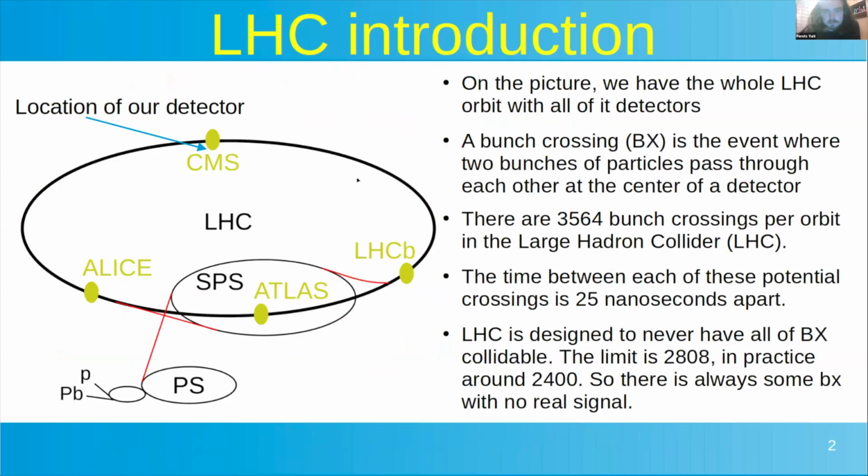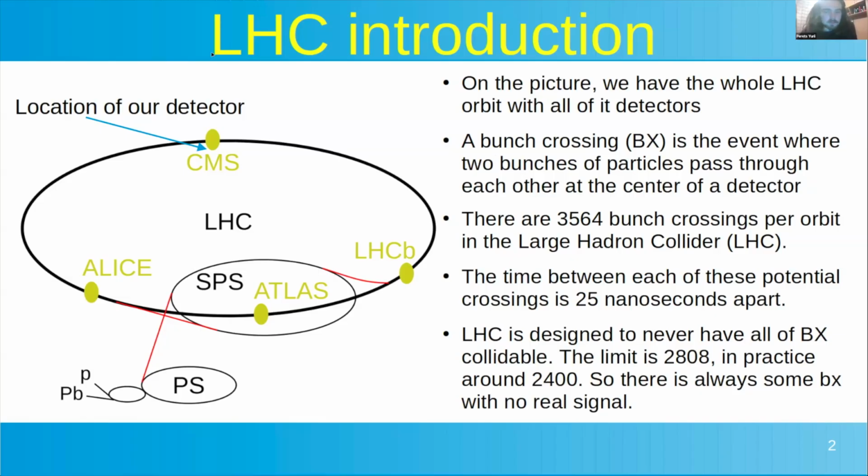First of all, the general LHC orbit. And you can see here the CMS experiment. First of all, I need to start with a few important vocabulary words that will help us later in the lecture. Bunch crossing, shortly BX, is an event where two bunches of particles pass through each other at the center of the detector.